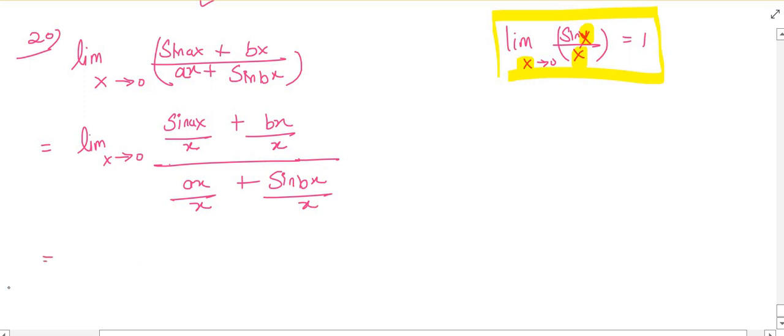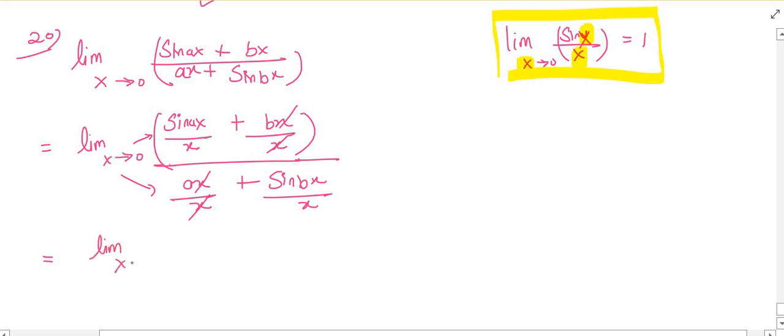So now what we will get here, if I try to simplify, this x will cancel and this x will cancel. So I am getting that the limit will go separately up and down. Then okay, this limit will go to both.